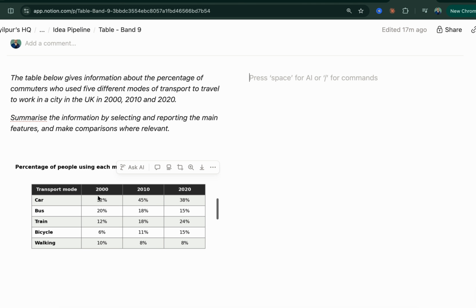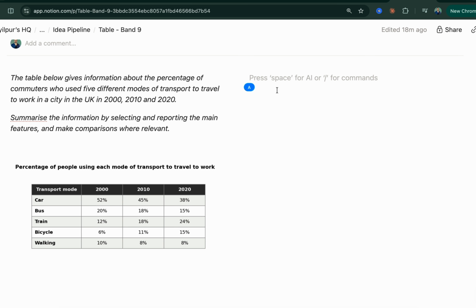And it is very, very clear that car in 2000 was 52%, which is the highest. And in the same car transport mode, it is 38% in 2020. So you basically need to analyze all these numbers before starting to write, and they'll all make sense. Now, I want you to pause the video, check out the numbers, and then come back for writing the introduction.